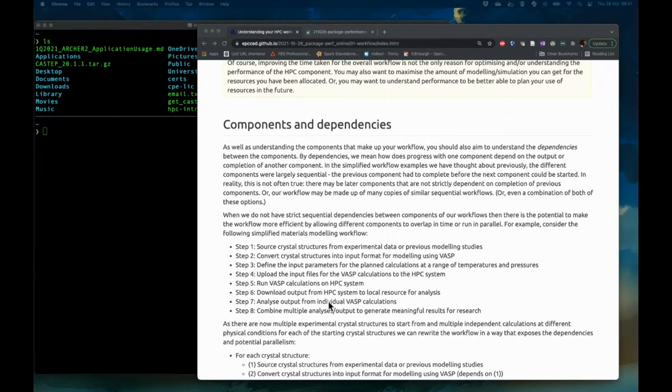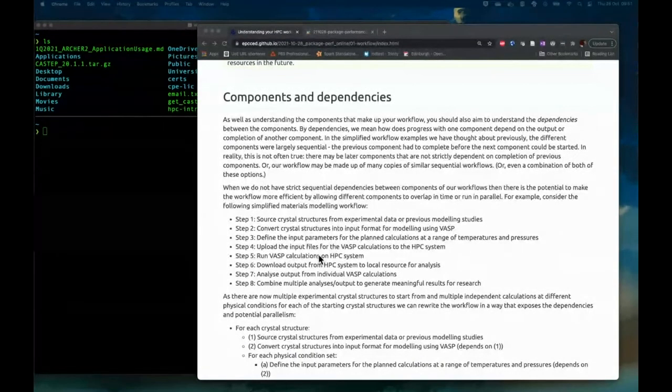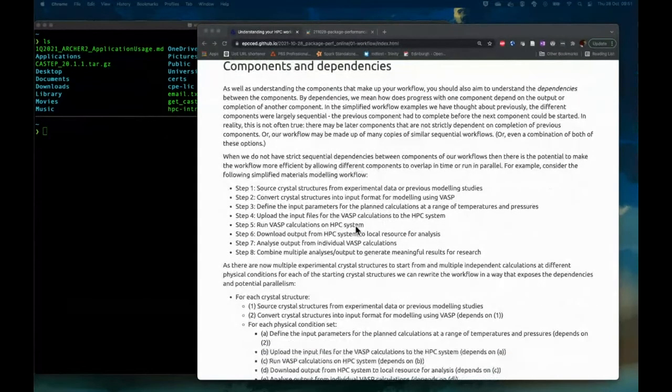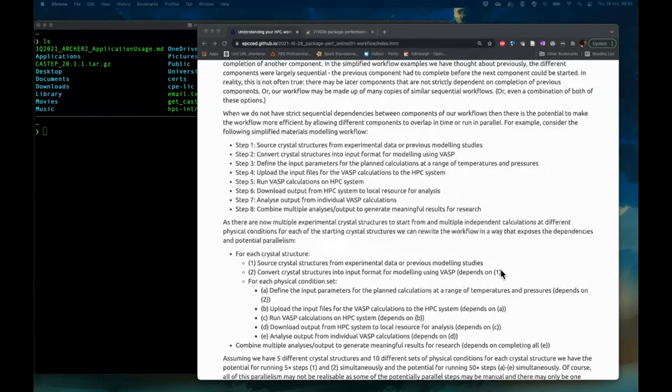Let's go back to the simplified materials modeling workflow we had before. Hopefully this is the same workflow we saw before. It's very sequential, but the difference now is that we're going to work on multiple crystal structures rather than just one. So what happens in our workflow?